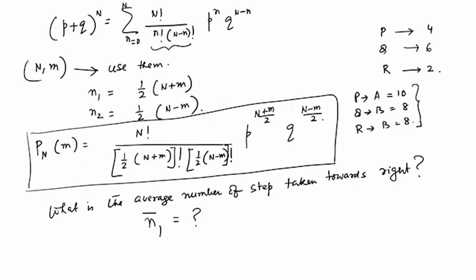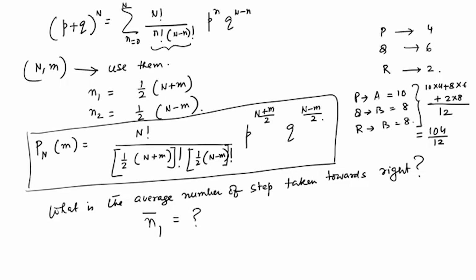So, your average grade for that particular semester is going to be 10 into 4, because you got a 10 in a 4 credit course, plus 8 into 6 plus 2 into 8, divided by the total credits, which are 4 plus 6 plus 2, which is 12. So, this is equal to 40 plus 48, that is 88, plus 16, which is equal to 104 by 12, and whatever it comes, that is going to be your average grade.